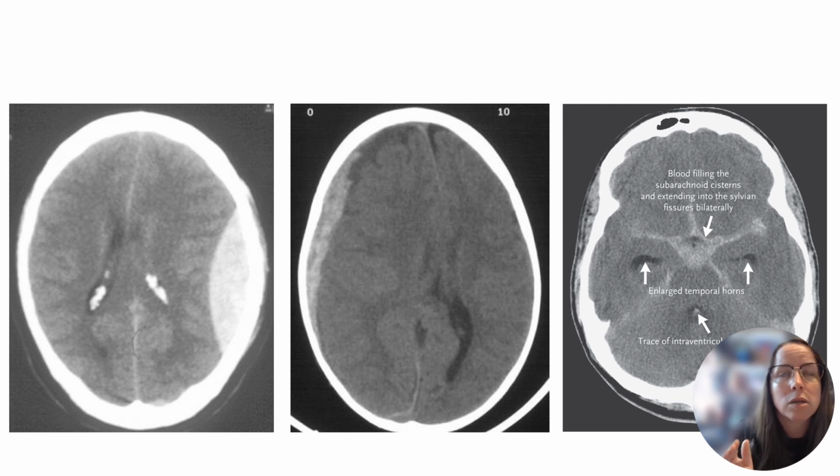So patients are going to have a much faster onset of symptoms, okay? When you look at this on the radiological imaging, you're going to see this lemon shape. Okay, so that is very characteristic of a patient that has an epidural bleed.